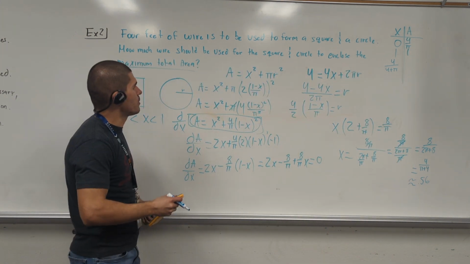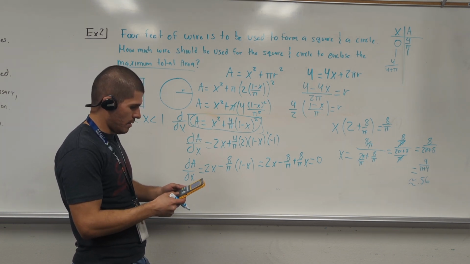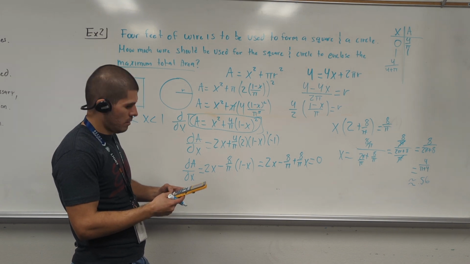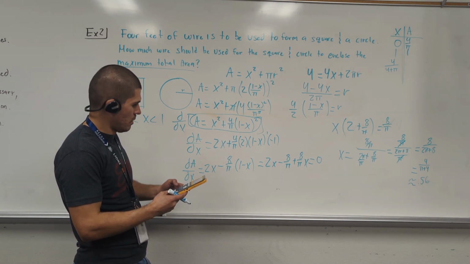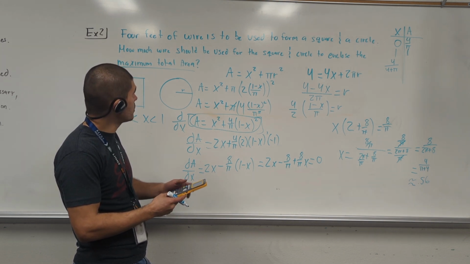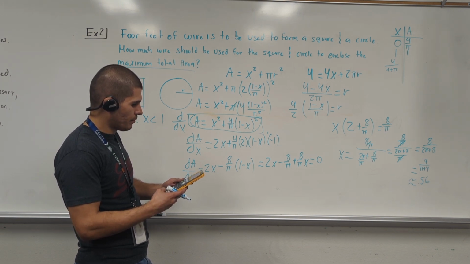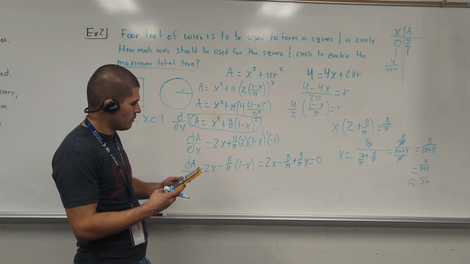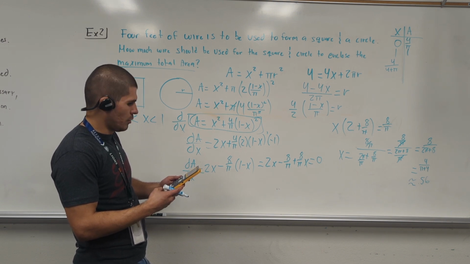And now this one is where I will use the calculator, because this is not a nice number. So give me a second. I got plus 4 over pi times 1 minus that quantity squared. Make sure I'm doing this right.